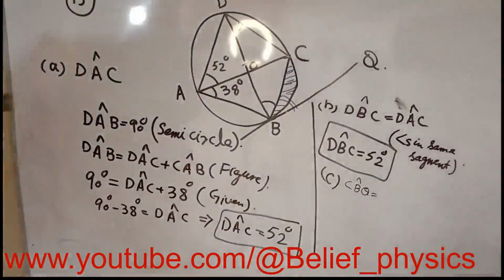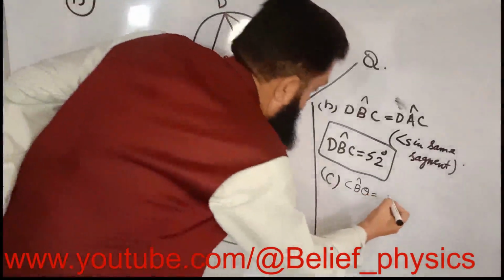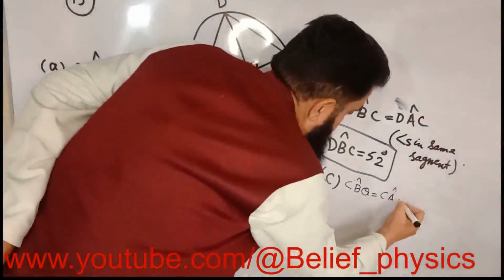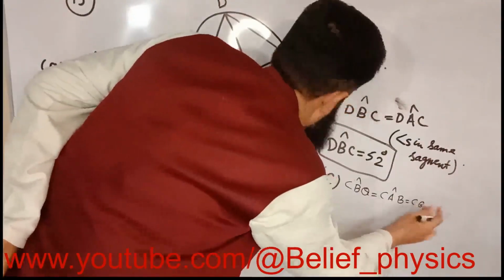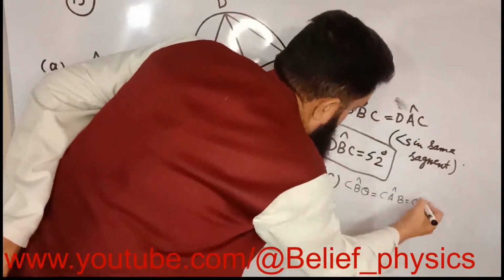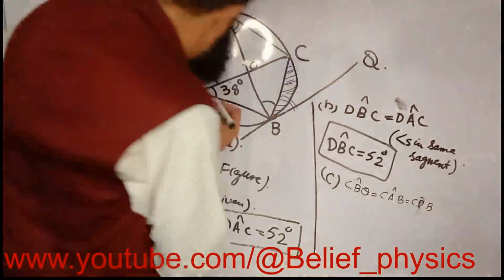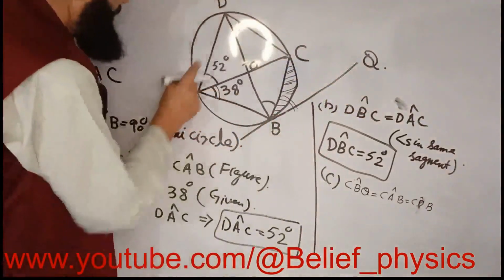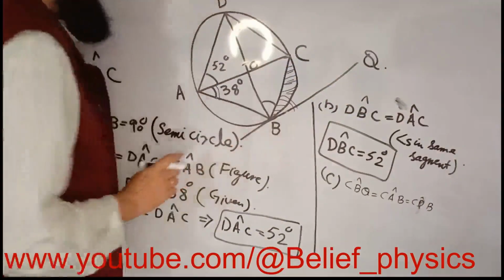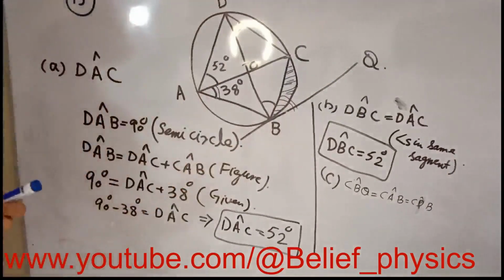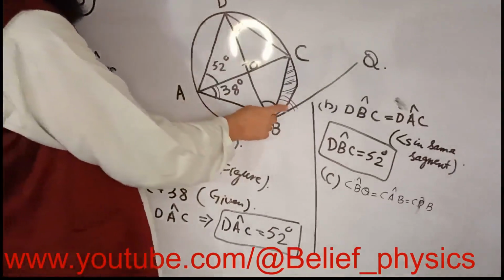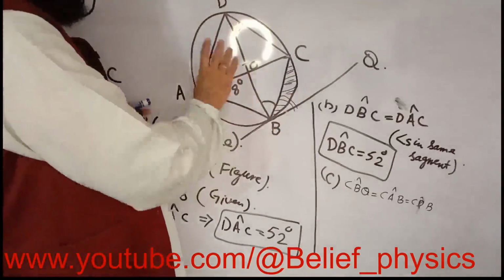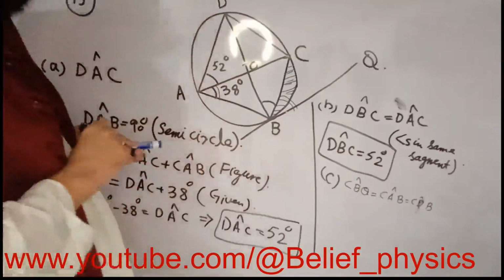CAB is equal to CDB. These two angles are the same because they are angles in the same segment, and this is the same angle in the alternate segment. All three angles will be equal.